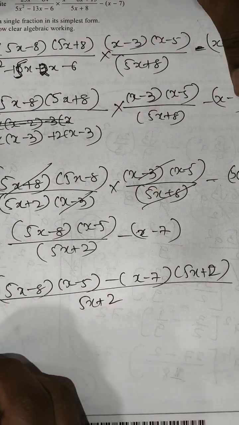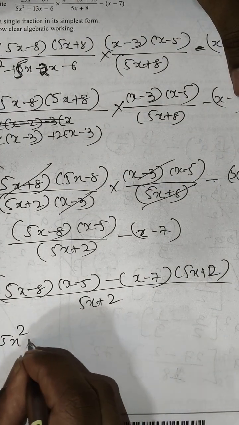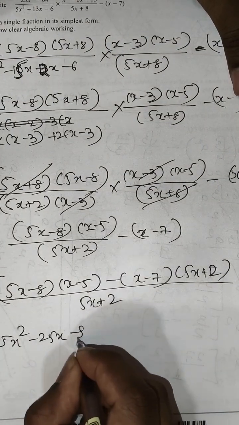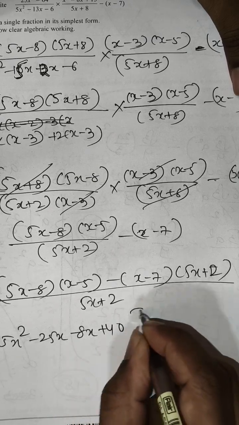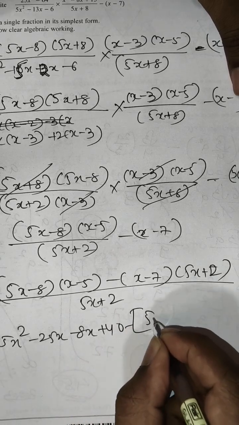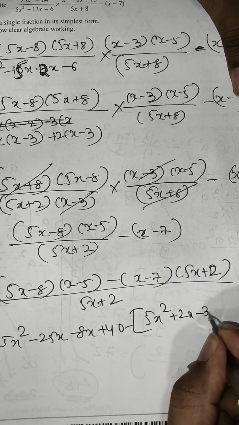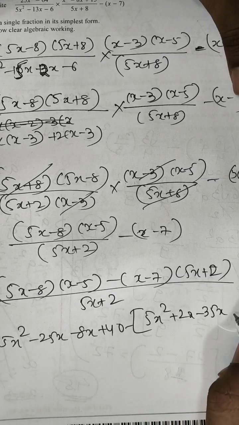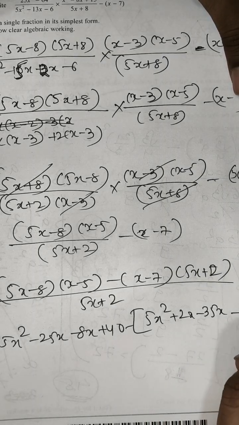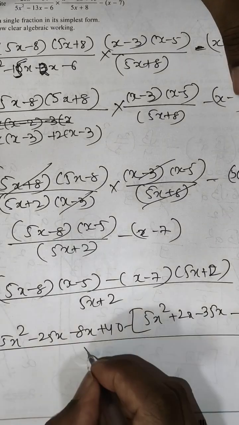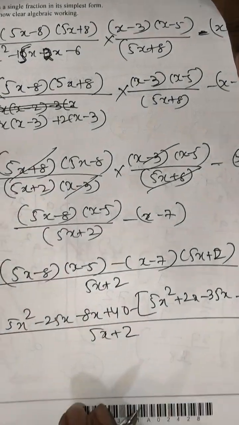Correct? So let's open the bracket, which will be 5x square minus 25x minus 8x plus 40 minus 5x square plus 2x minus 35x minus 14 upon 5x plus 2.